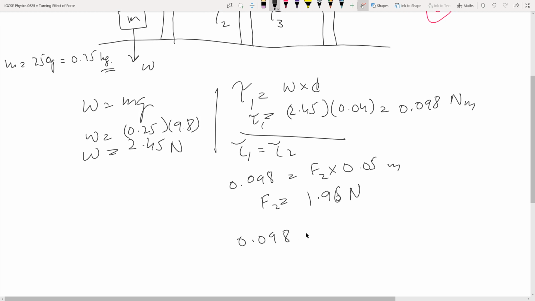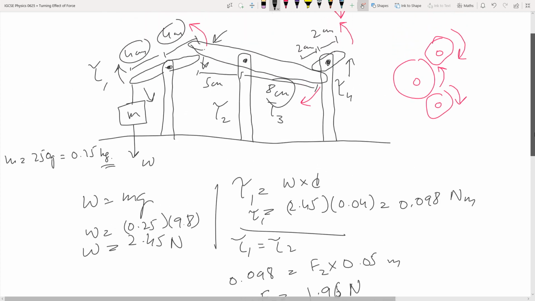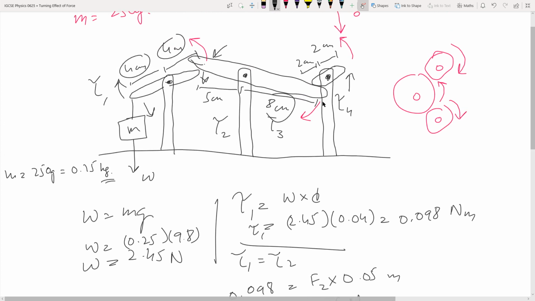But for a longer one, the torque generated by this is going to be F3 into 0.08, and F3 that is going to be generated is going to be 1.225 newtons.